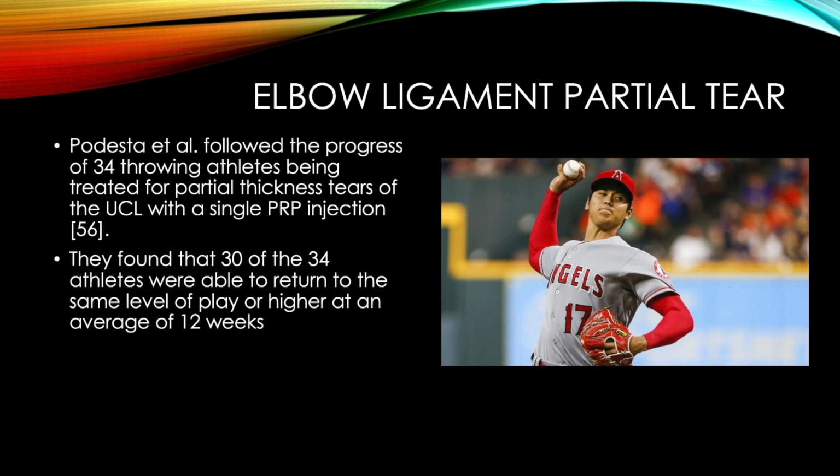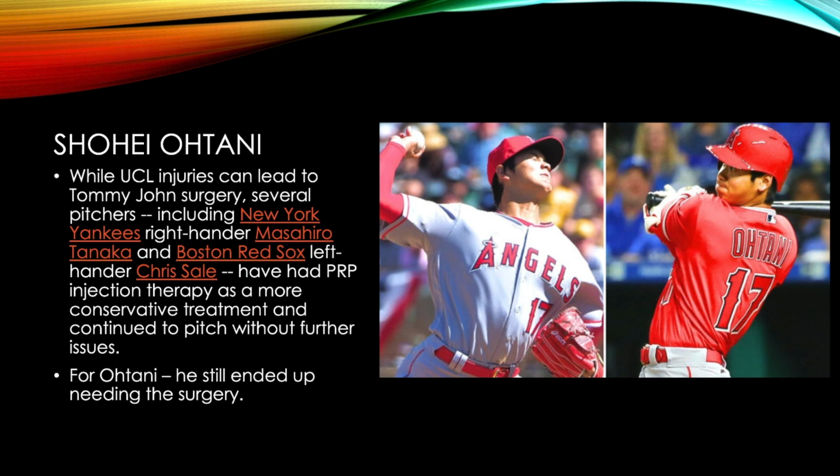So as opposed to being out for a whole year with a Tommy John surgery, potentially you can avoid it. Here's an example of Shohei Ohtani. He is remarkable. He plays for the Angels, and he's able to pitch, and he plays the outfield, and hit home runs. So, nobody exists like him in the major leagues. So he's just one example of somebody who did well, at least for a while, with PRP therapy.